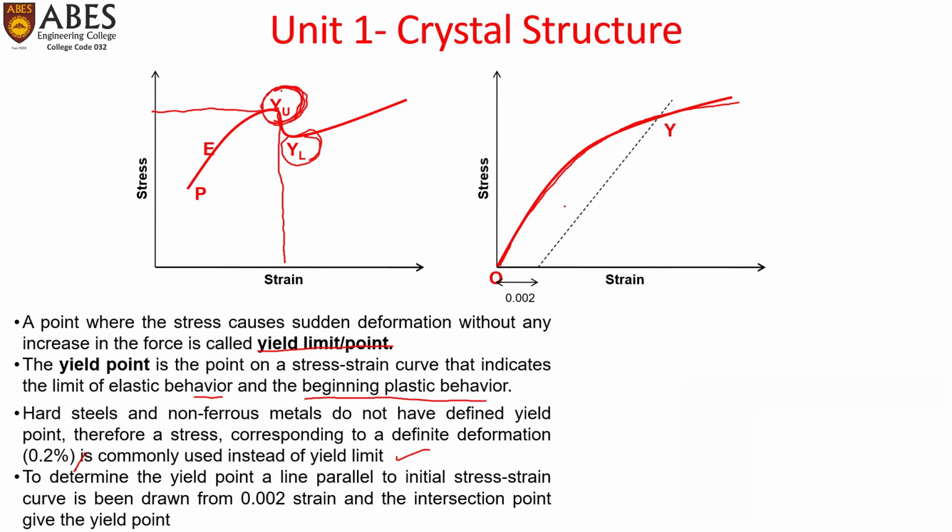So as soon as this 0.2%, we take the strain as 0.2%, means 0.002 strain we take, and we draw a line parallel to the slope of the elastic limit or proportional limit point, and wherever it cuts the stress strain curve, that would be the yield point, and corresponding to that yield point, the stress obtained is called yield stress, sigma y, for those materials, the hard steels and other non-ferrous metals.